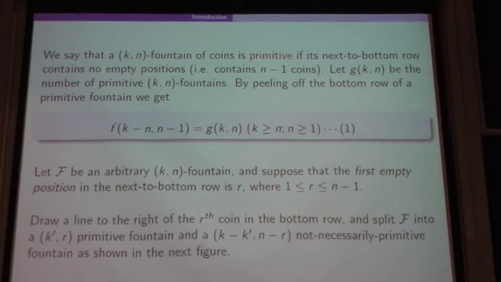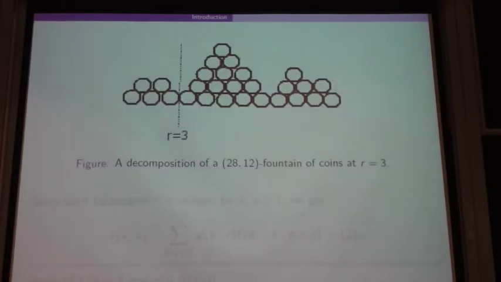Now here, I'll show you a picture. Draw a line to the right of the R-th coin in the bottom row and split this f, the arbitrary coin fountain that you picked, into a primitive fountain of this size and a not necessarily primitive fountain of this size. So by this I mean taking an example like this.